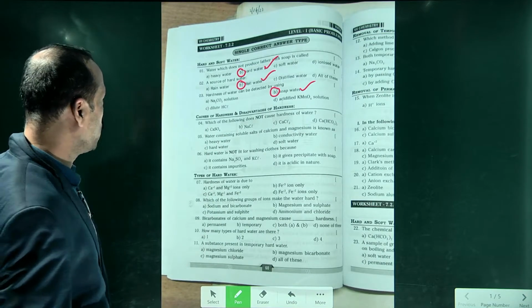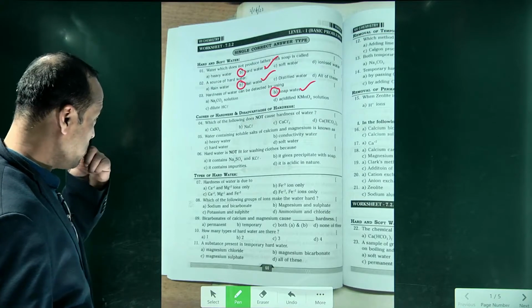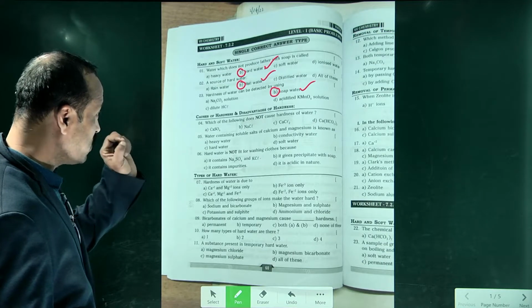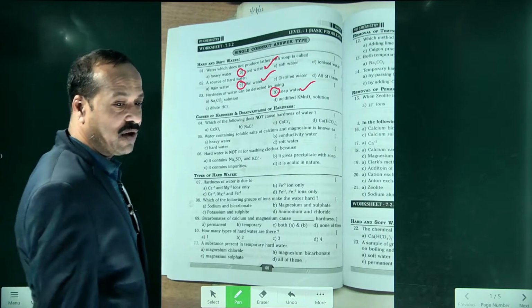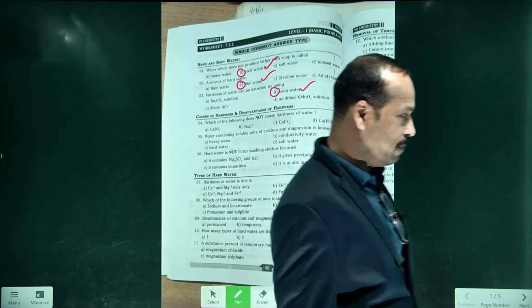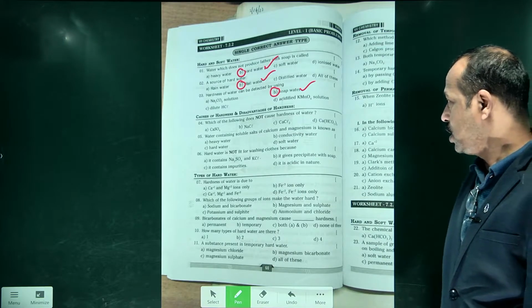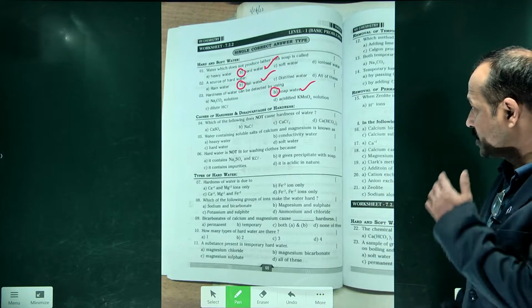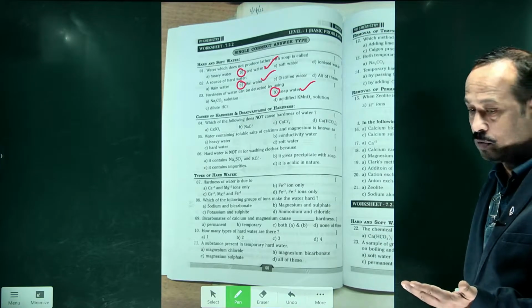B, B, B. Okay. Now causes of hardness and disadvantages of hardness of water. Which of the following does not cause hardness of water? If you have a note, once you check, no problem. Once you check, tell the answer. Don't say whichever you want; it will become like practice. If you have a notebook, once you check.